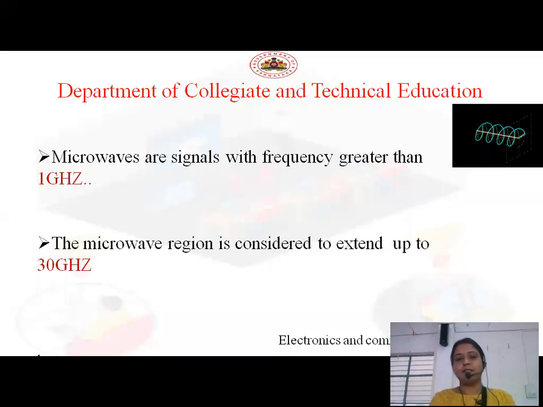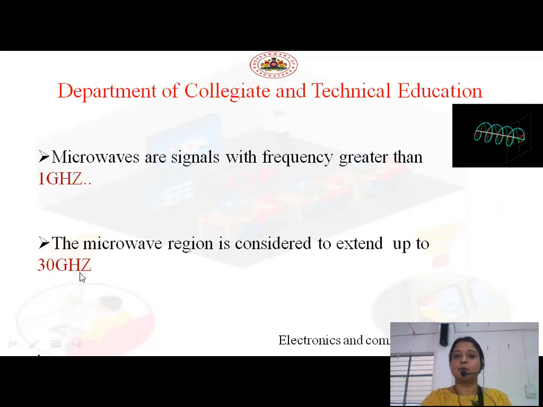If you consider the microwave signals, microwaves are the signals with frequency greater than 1 gigahertz. The frequencies which are greater than 1 gigahertz are called the microwave frequencies, and usually it extends up to 30 gigahertz.